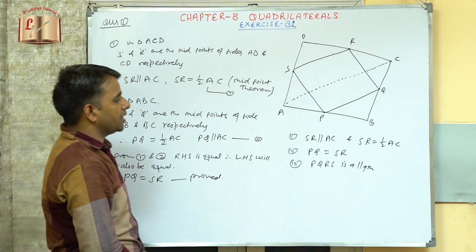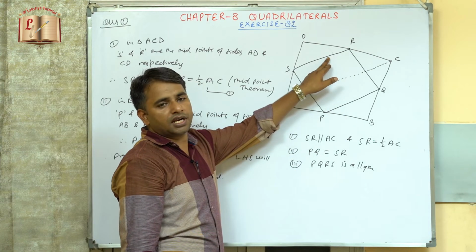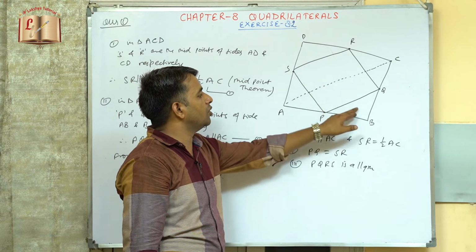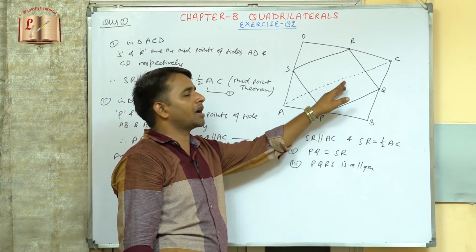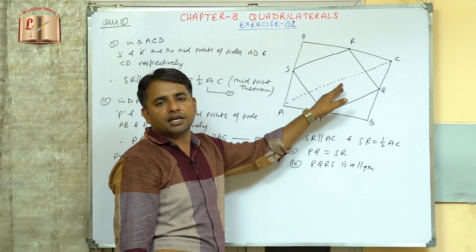Now see that one pair of the sides PQ and SR are equal and both are parallel also, because PQ is parallel to AC and SR is parallel to AC.